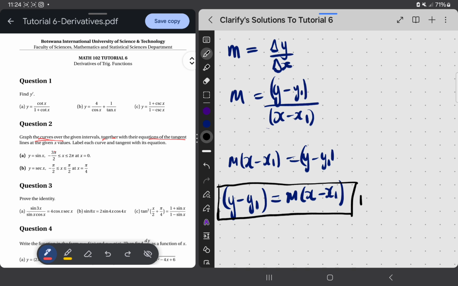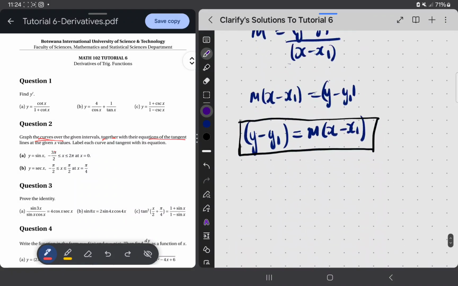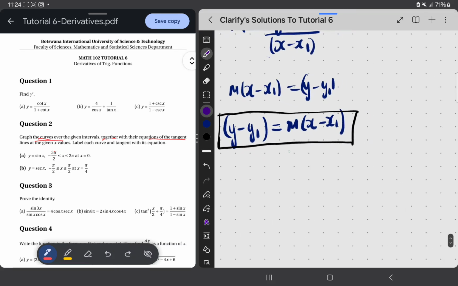Okay, so for the tangent, we're going to use this. What are the things that we need to know now? Instead of having to know the point and this c and the gradient as well, we only need to know 2 things. The first is m, the gradient, and we find it by doing differentiation. That's why we are doing this under the topic of differentiation, because they want to see if you know that if you differentiate, you find the gradient.